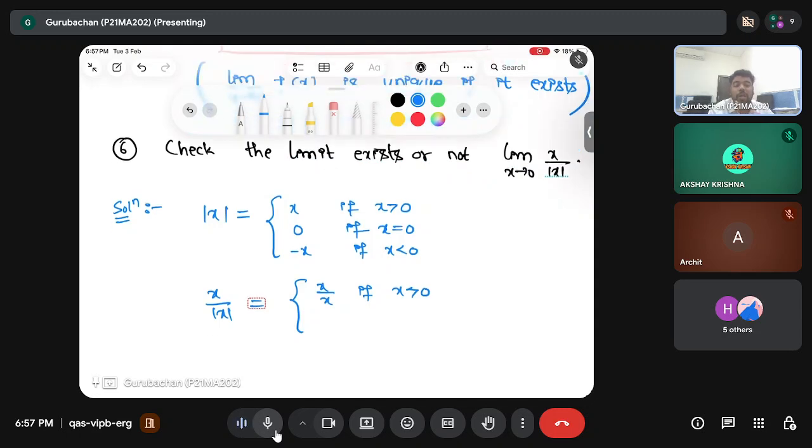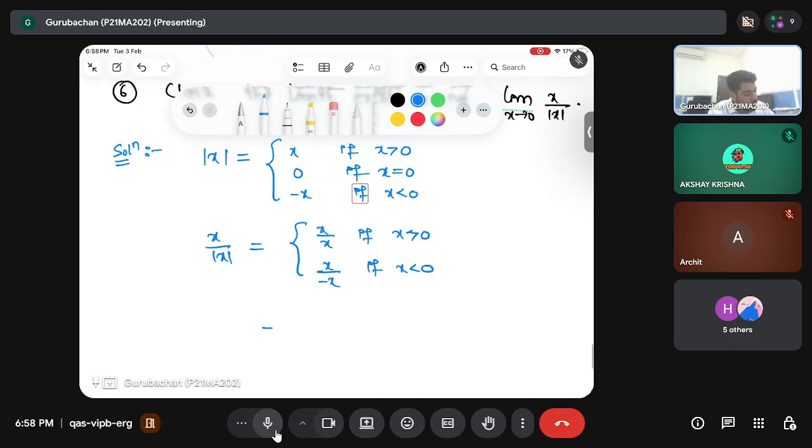That is why we are talking about the limit, because there are many functions that are not defined at 0, but their limit exists at 0. So x by minus x will give you 1 if x is positive, minus 1 if x is negative.